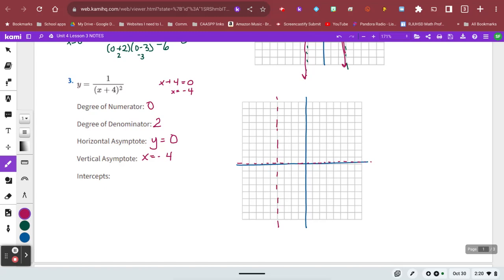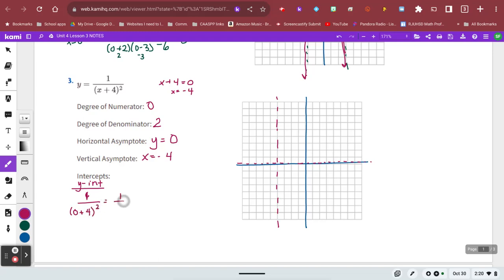All right, and then we're going to find our x-intercepts here. We don't have any x on the top, so it's not going to cross the x-axis. And so we're just going to go straight to the y-intercept. So we're going to go 1, because there's no x's there, and then we're going to go 0 plus 4 squared.